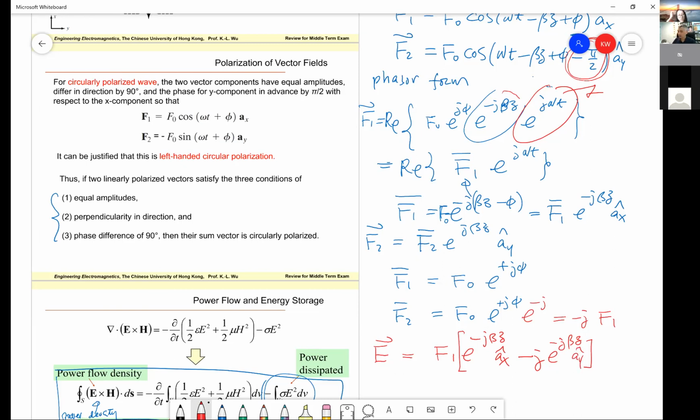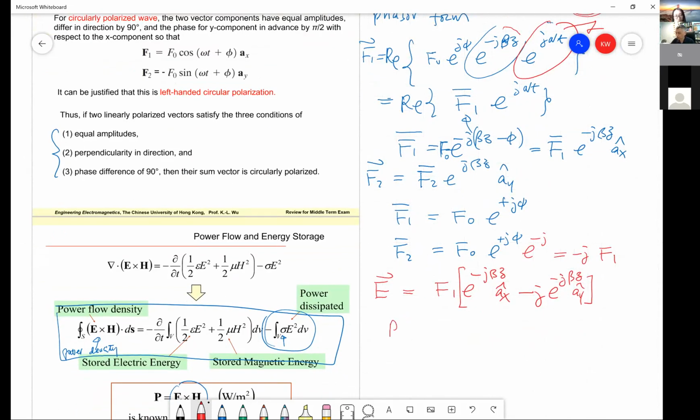Then you ask what is the essence of this right-hand circularly polarized wave?